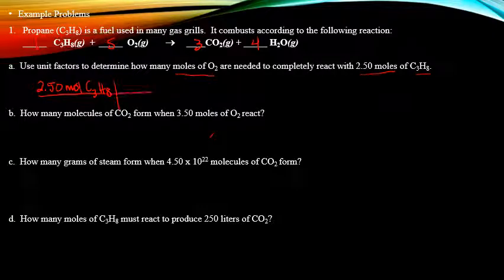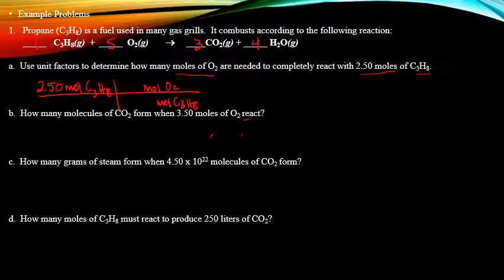So looking at my coefficients, I have moles of propane in the numerator, so I'm going to place the moles of propane in the denominator to get them to cancel. So I have my moles of C3H8, and I would have moles of O2 in the numerator. My coefficient for oxygen is a 5. My coefficient for propane is a 1. So that will cancel my moles of propane. I'm left with moles of oxygen.